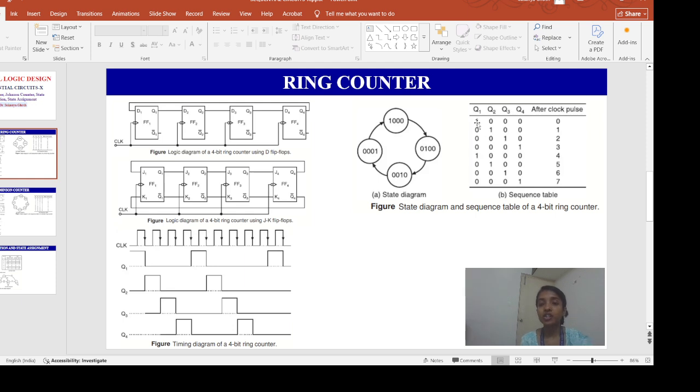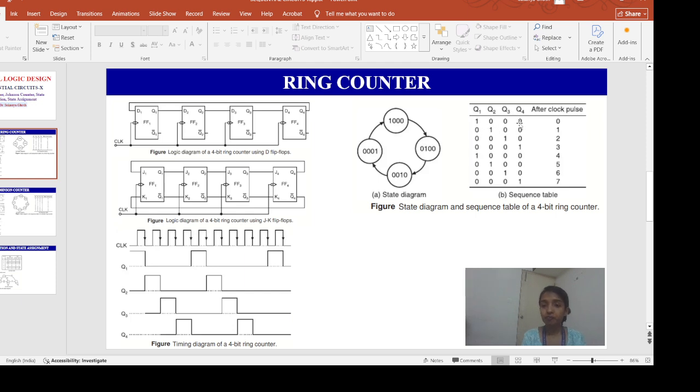If you look at the sequence table, initially the state is 1 0 0 0. After the first clock pulse, what will happen? After each clock pulse, you can see the shift right operation is happening.